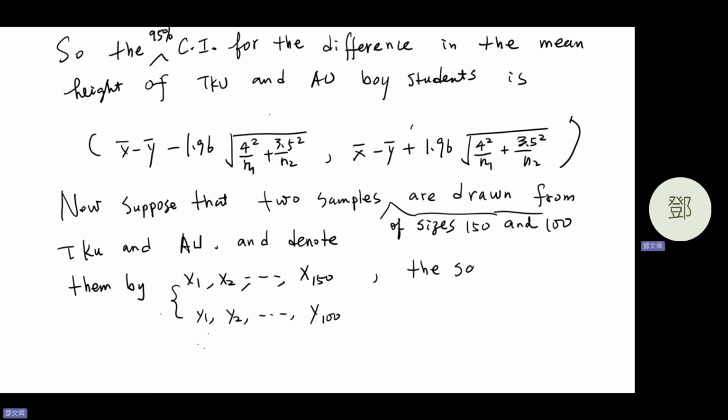The sample means are respectively 176 and 174.5. Then we have the numerical valued confidence interval for mu1 minus mu2.